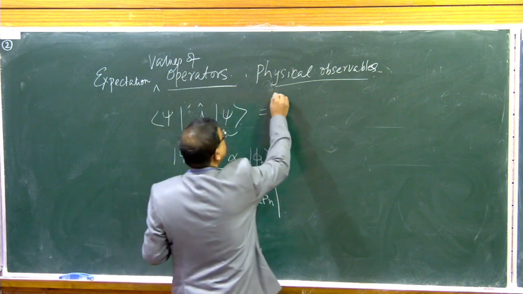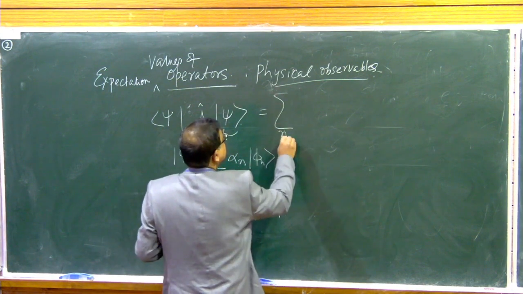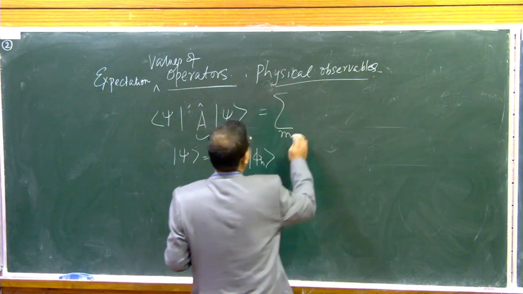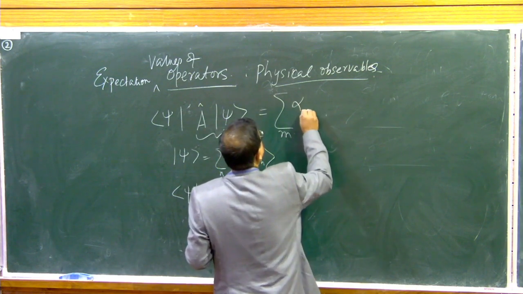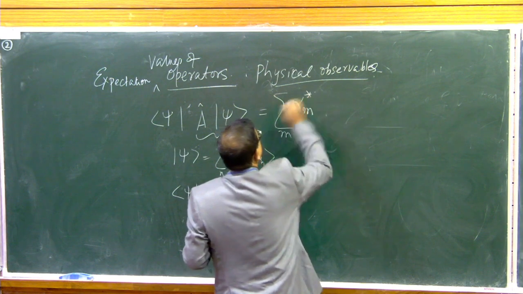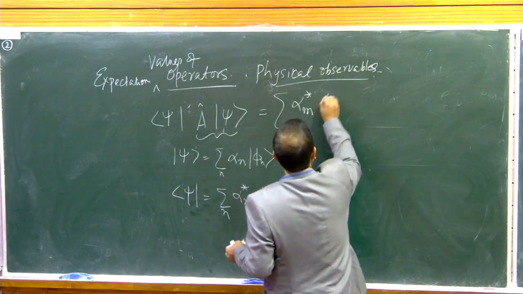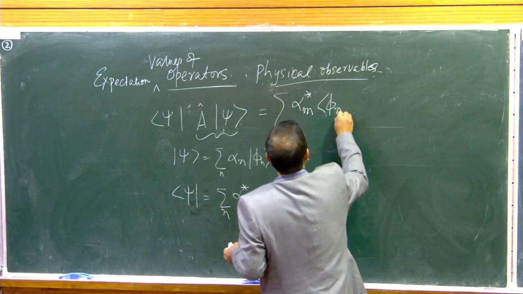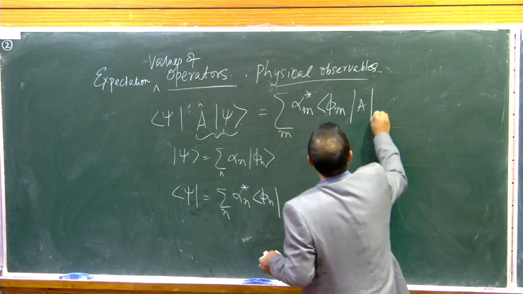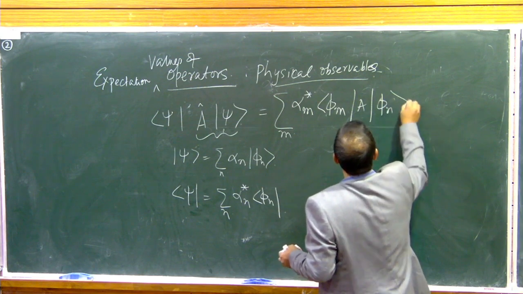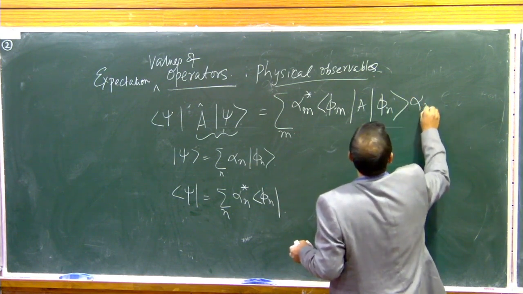So what we'll do here is use an m here, and we'll use alpha m star, and a phi m, and then A, and then a phi n, and then alpha n.